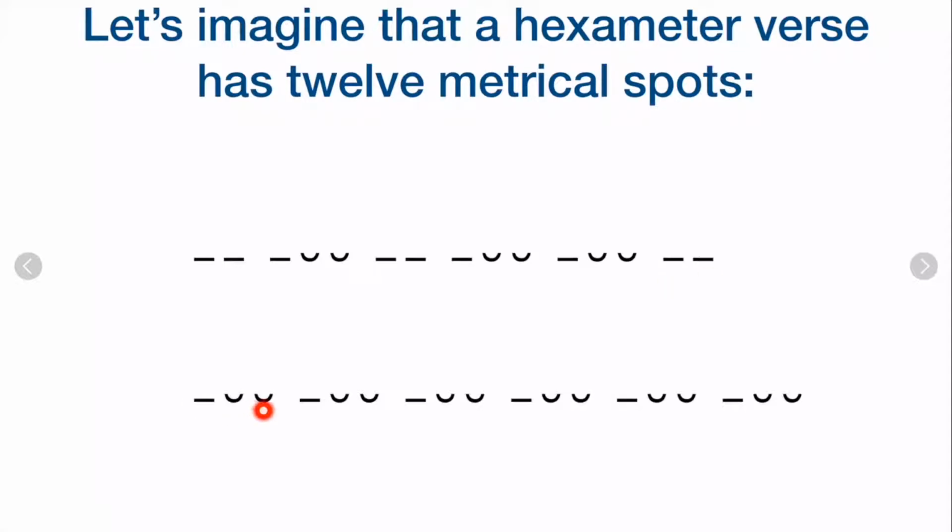Whoops, there's a mistake. I have one too many syllables there. Okay. And 1, 2, 3, 4, 5, 6, 7, 8, 9, 10, 11, 12.